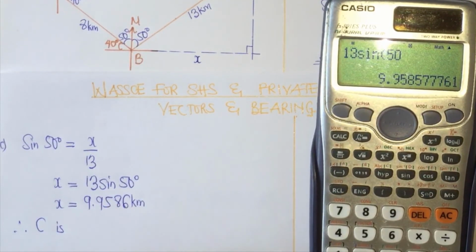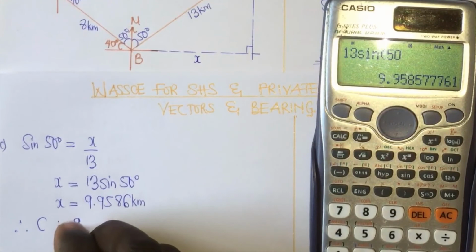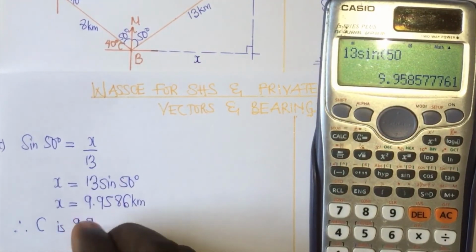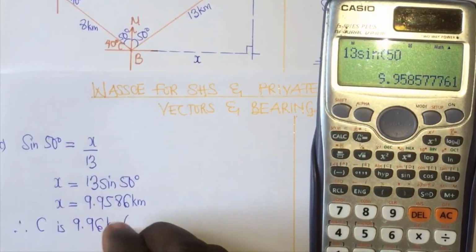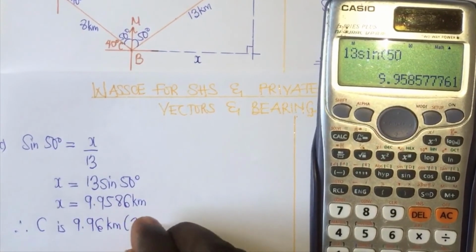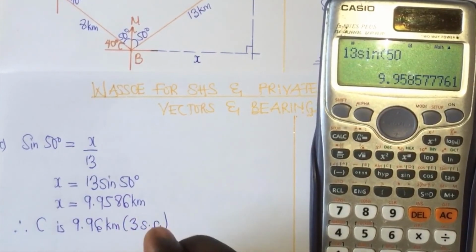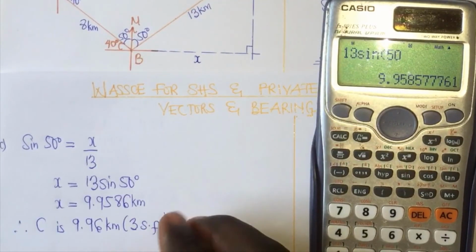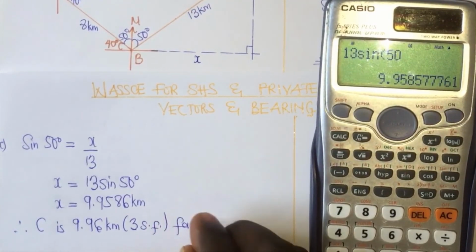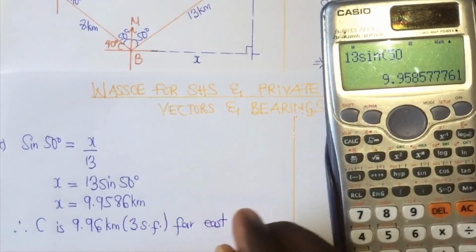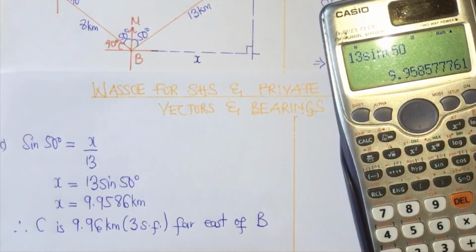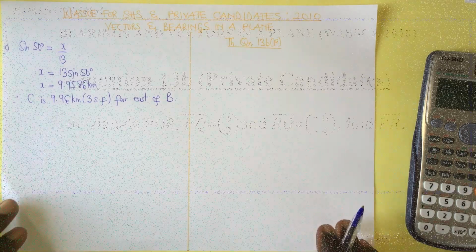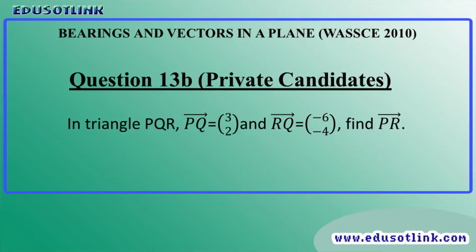So C is 9.96 kilometers to 3 significant figures far east of B.